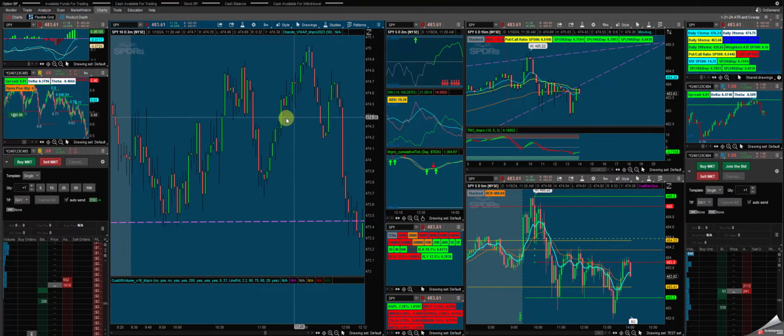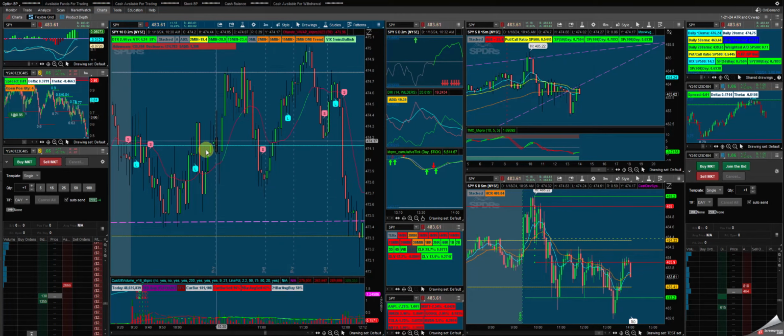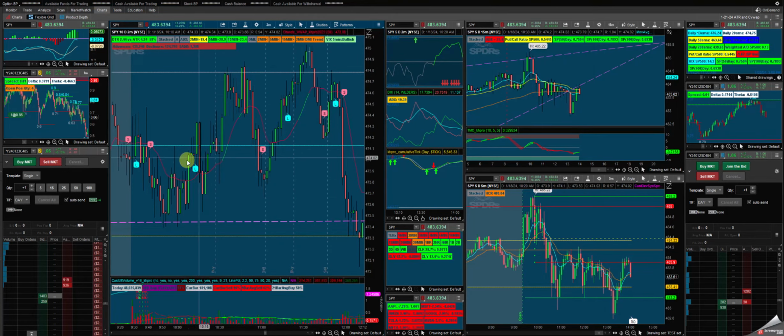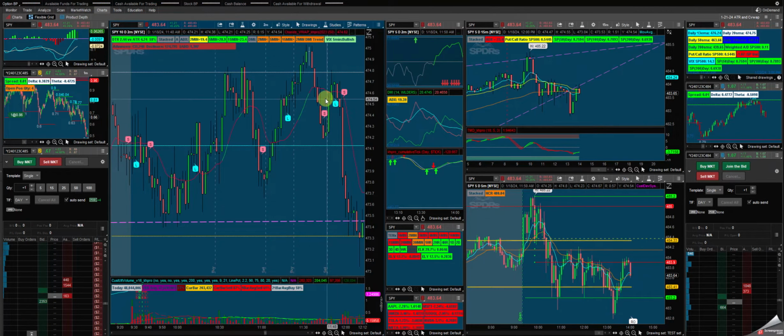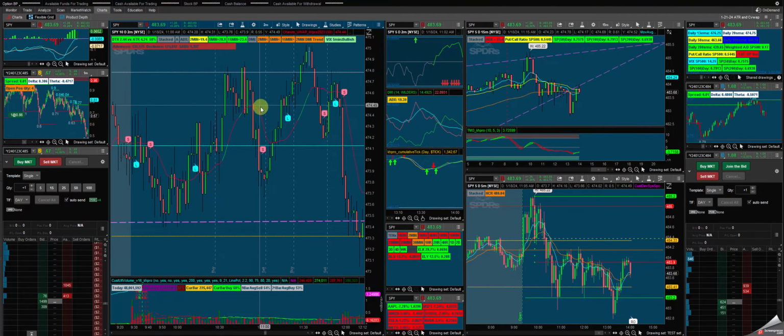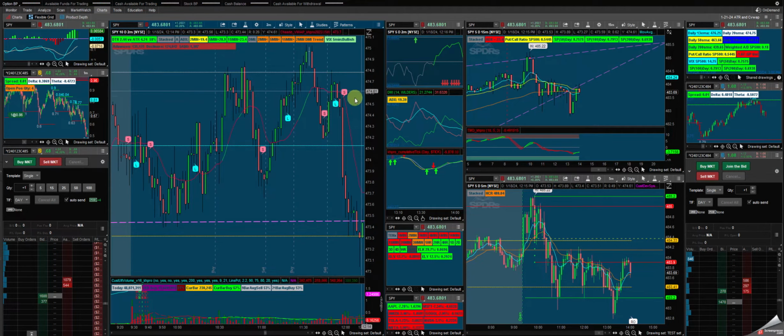I think I'll still have the signals, but not the line. So now all we have is VWAP. We don't have the whole moving average line, but we know when it turns red and green based on the labels. So just picture a line following these labels, but the line is actually not there.